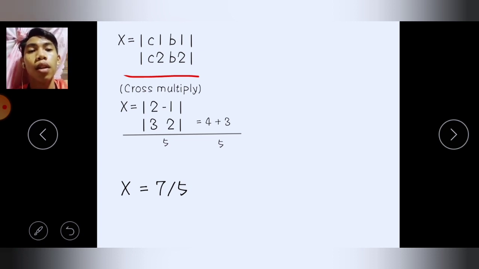So 2 times 2 is equal to 4, then negative 1 times 3 is equal to negative 3. Negative times negative is positive, so it becomes positive. So just add 4 plus 3 is equal to 7. So our x is equal to 7 over 5.